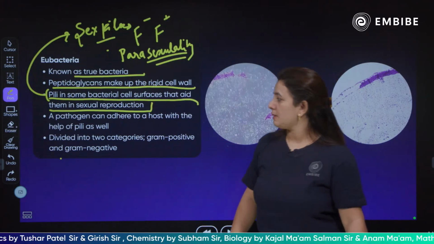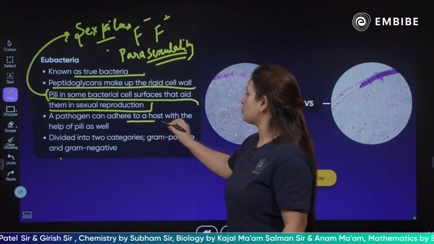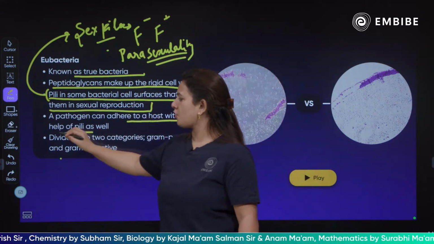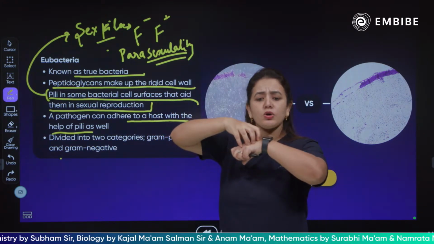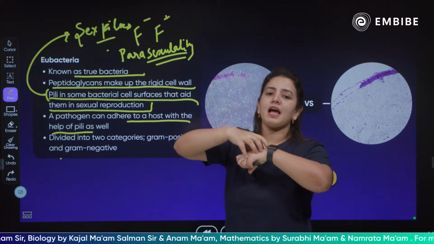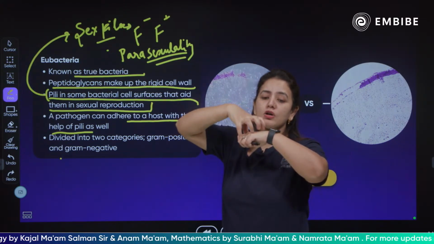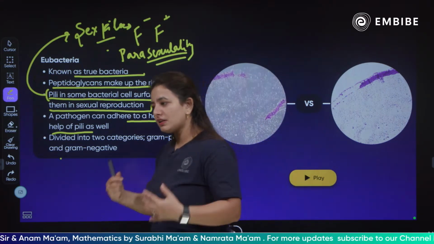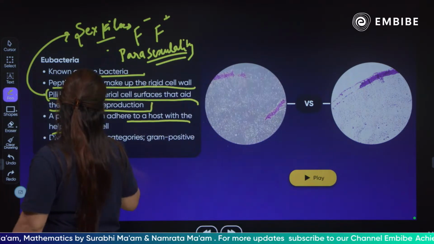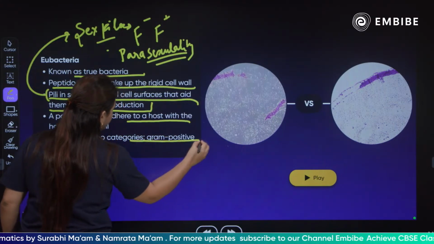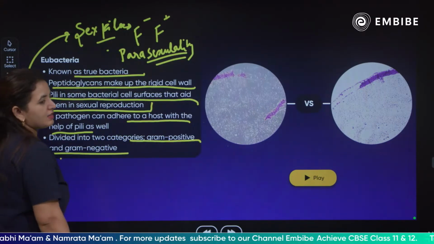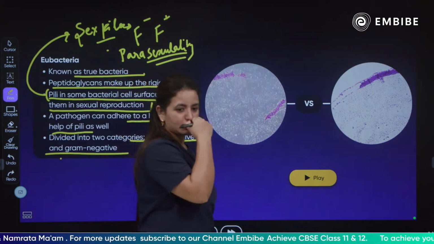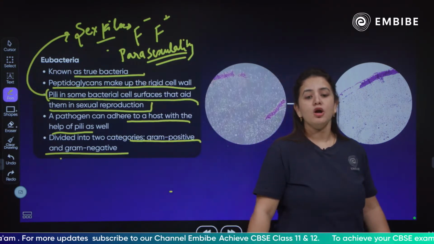A typical pathogen can adhere to a host with the help of pili. Of course, they can stick to the host body because of the pili. They are very sticky, they just hold on to the host body. Further, Eubacteria are divided into two categories, gram positive and gram negative. Yesterday we discussed what is gram negative and what is gram positive.